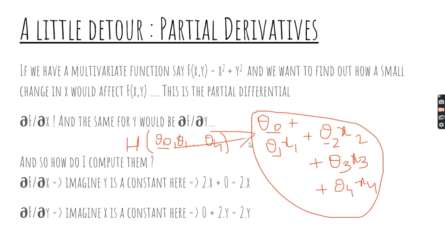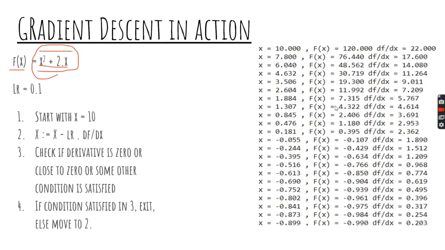What I mean by that is, essentially the question we were asking ourselves is, how much do I change one parameter? In this case, we just have one parameter, which is x itself. Or to put it in a different way, what would my change in x give me? How much would that affect the function?